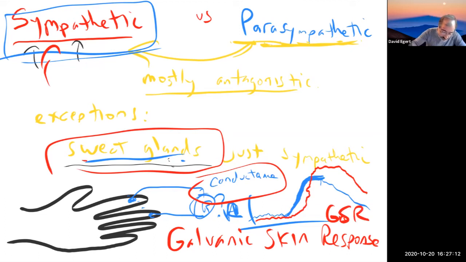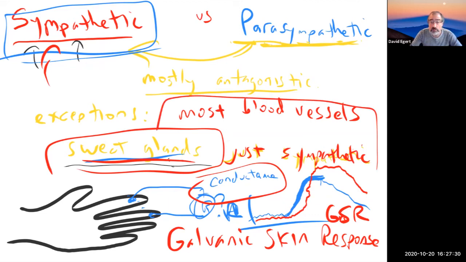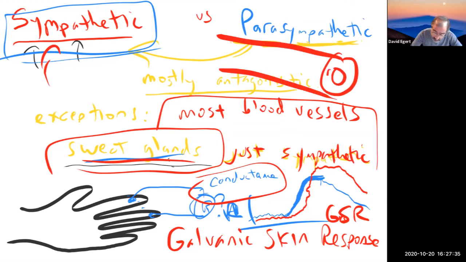So sweat glands, most blood vessels as well, are also just sympathetic. We're going to talk more about this when we get to the cardiovascular system, but your blood vessels have smooth muscle, and the sympathetic activity will relax or constrict to adjust the diameter of the blood vessels.